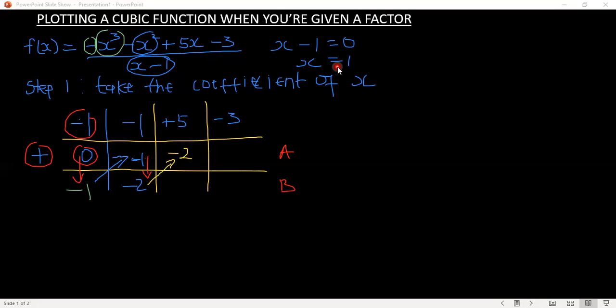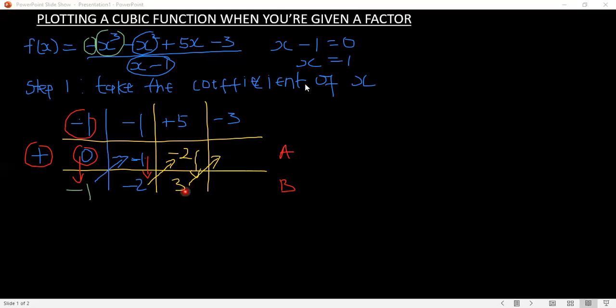Then from here to there, we add. Do the same thing. It would be +5 plus -2. This is the same as 5 minus 2, which is equal to +3. Then from here to there, we multiply by our x value.